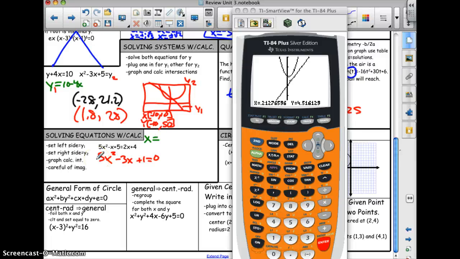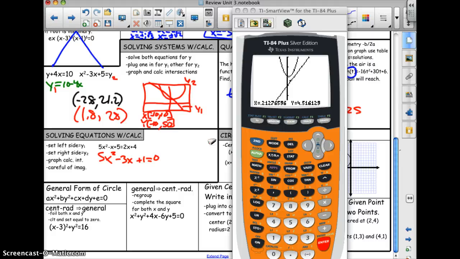Okay, so it's going to be negative b, which works out to 1, plus or minus b squared, which is 1, minus 4 times a times c. So 4 times 5 is 20, times 5 is 100. All over, oh, I'm sorry. I started using the wrong numbers. Start over.